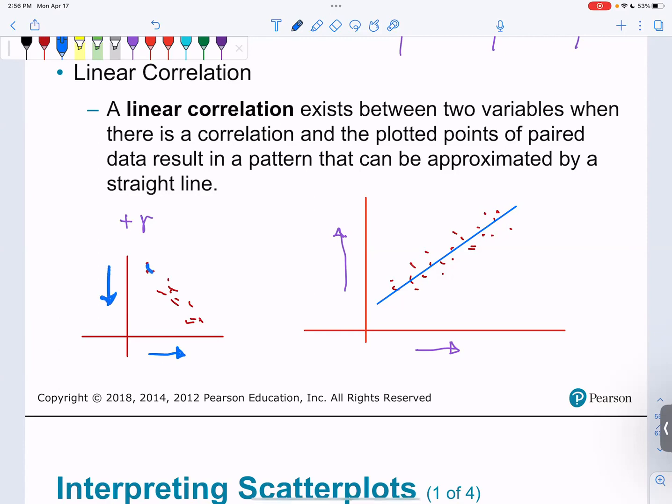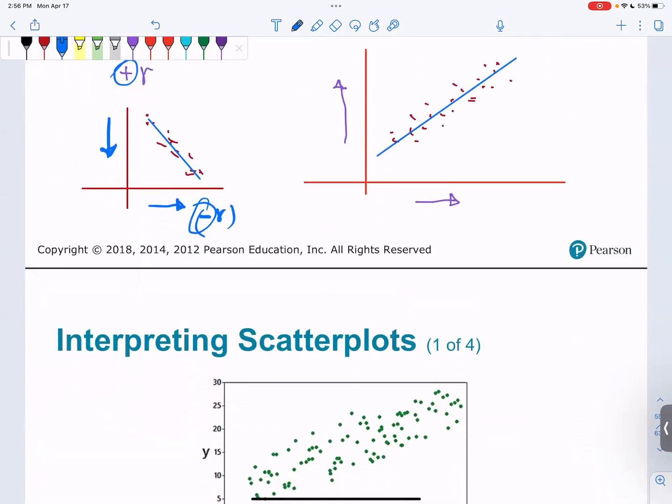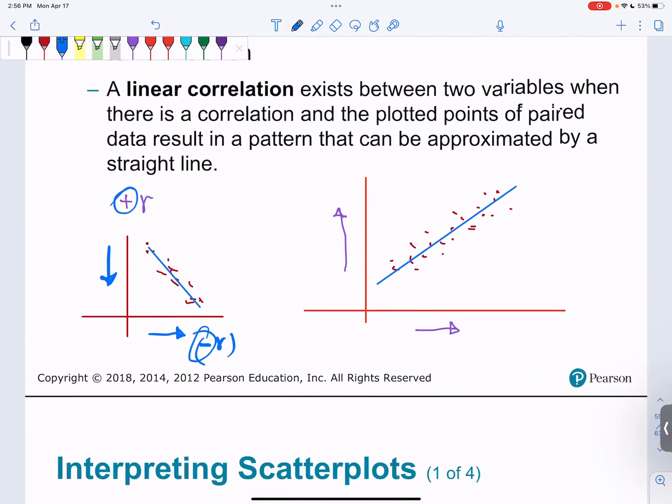So the direction, or the relationship, will be negative. In this case, the value of R will be negative. Okay, so the form of relationship: linear, non-linear, no relationship. Direction: positive or negative. And then we also study how strong this relationship is.